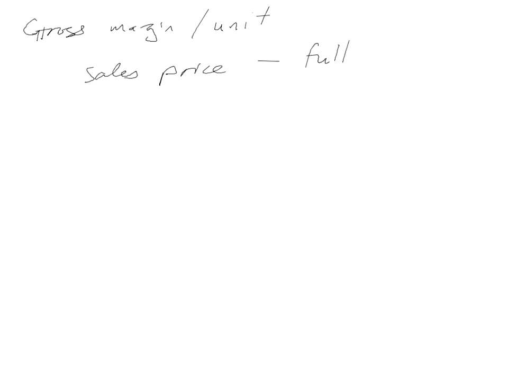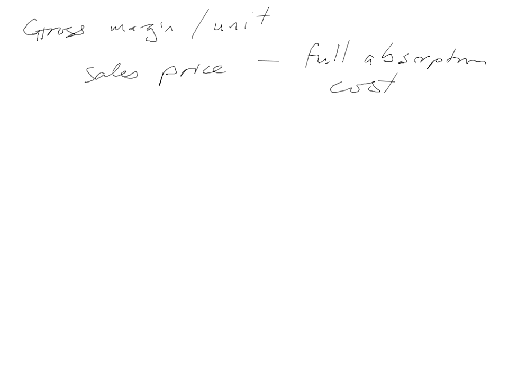And then I'm also going to calculate the gross margin per unit, and that one is calculated by doing the sales price minus your full absorption cost, which we already calculated. Remember that full absorption cost is going to include your fixed and variable cost of manufacturing, but it's not going to include any selling cost.